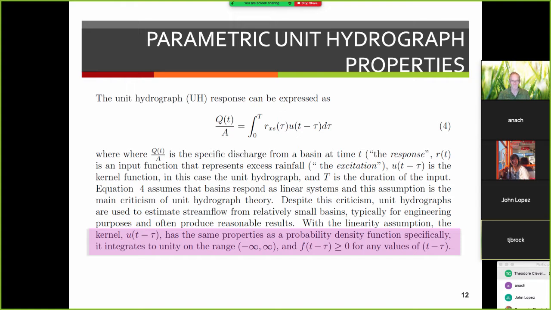A is simply a scaling term because we're taking rainfall input as inches of depth. It's convenient for analysis and for synthesis to have our response also be in inches of depth. So the area is what converts between cubic feet per second, if you will, and watershed inches per second.